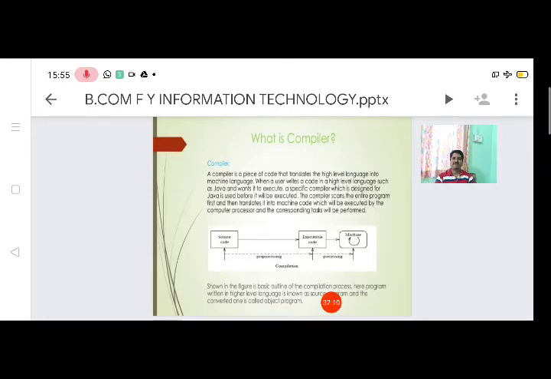A compiler creates machine code that runs on a processor.